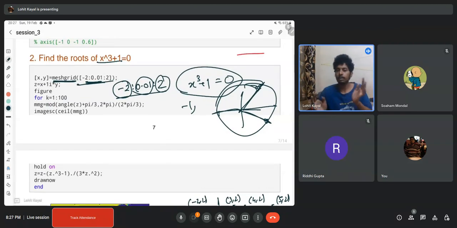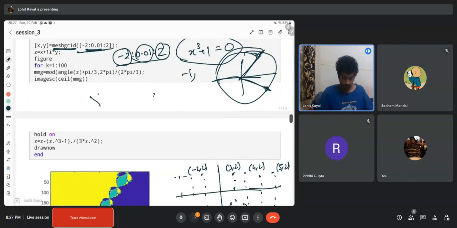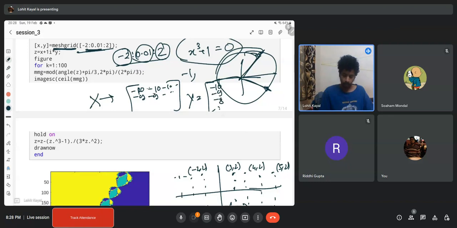Meshgrid will create two separate matrices for you. In one case you will find that all rows are the same. Suppose minus 10, minus 10, minus 10, minus 9, minus 9, minus 9, and similarly in the other case it will be minus 10, minus 9, minus 8, and so on, again minus 10, minus 9, minus 8.